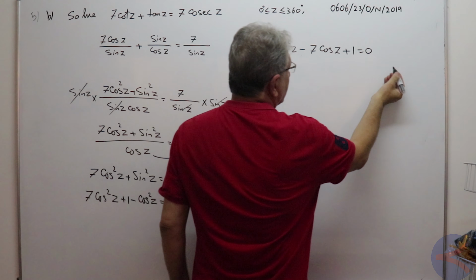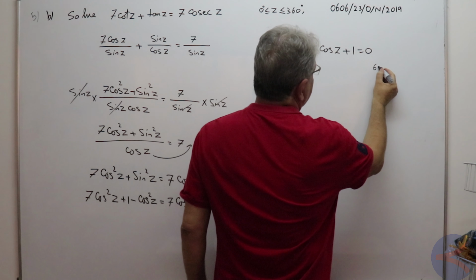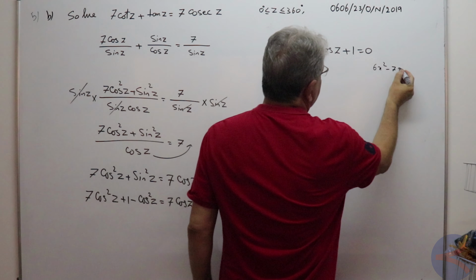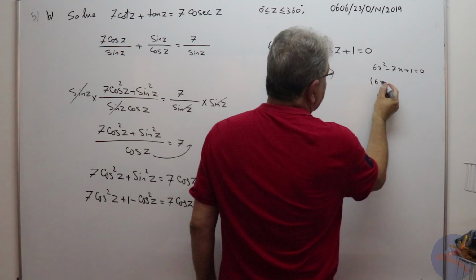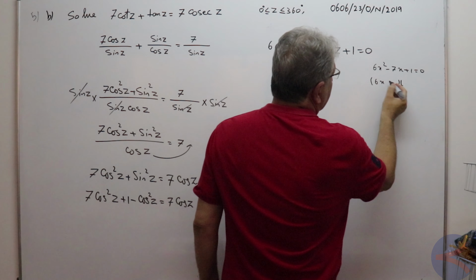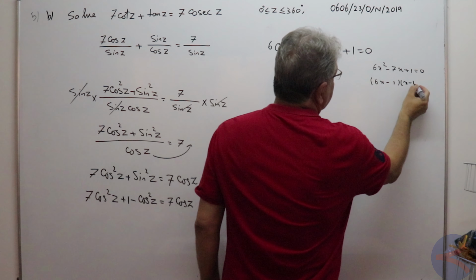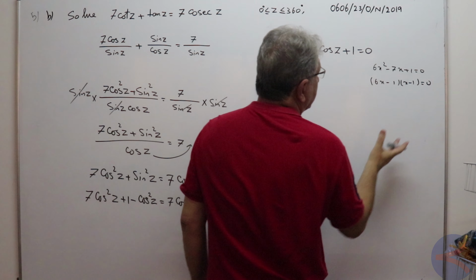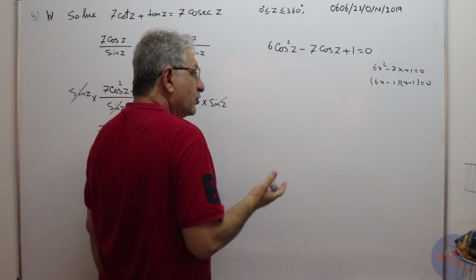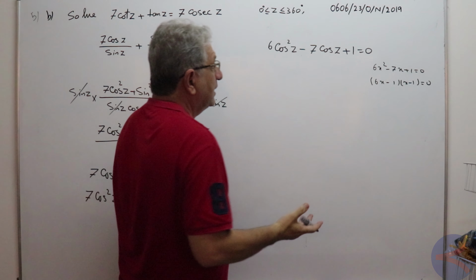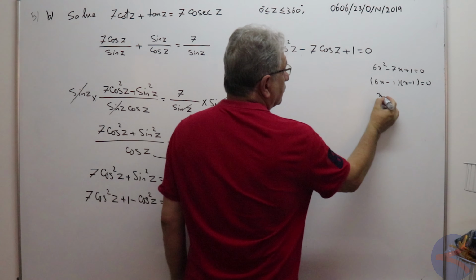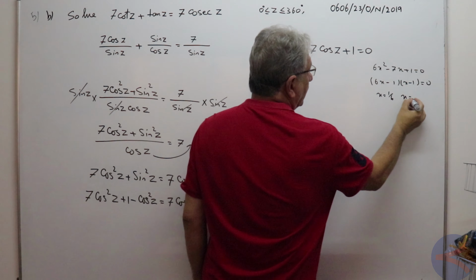You have an equation like this, for example, 6x squared minus 7x plus 1 equal to 0. Therefore, you can see that this is 6x minus 1 times x minus 1 equal to 0. You can factorize it like that. If you don't want to factorize, put it in your calculator and get the answers. Doesn't matter. Easily you can see x is equal to 1 over 6 and x equal to 1.